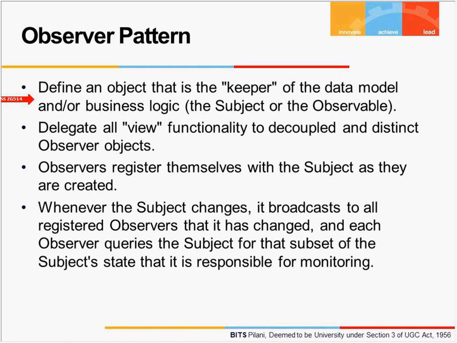So my subject or observable is something you observe. This is an engine, defined as the keeper of the data model, such that the data model is stored with the subject.